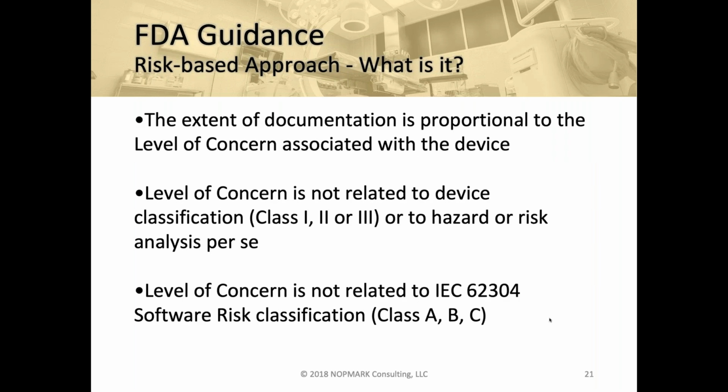So the FDA in its guidance has this risk-based approach, and they call it the level of concern. The FDA's level of concern really drives how much documentation you provide.